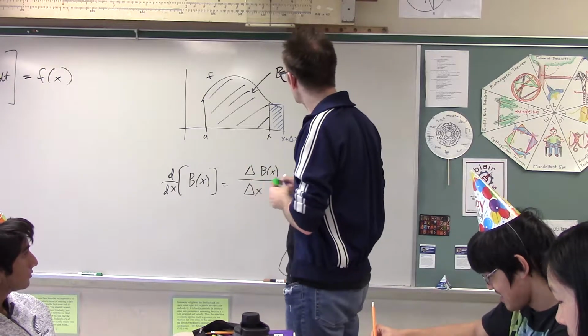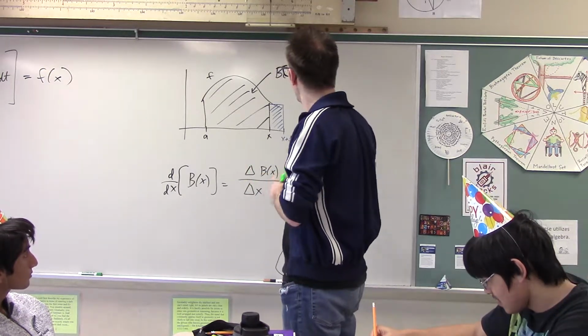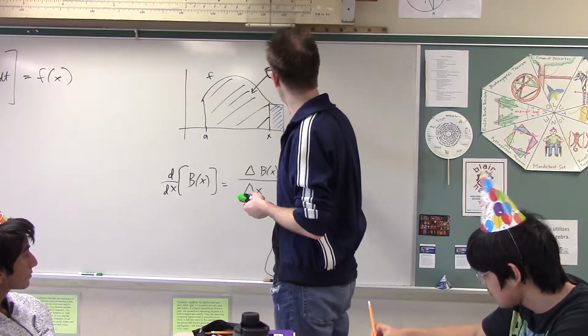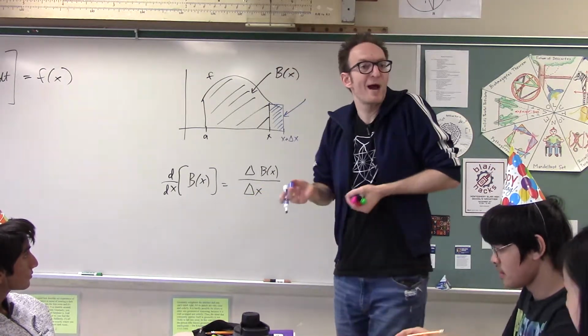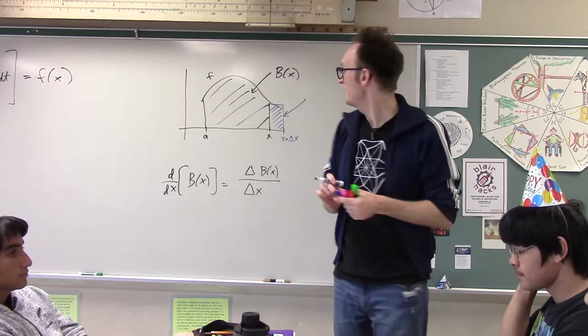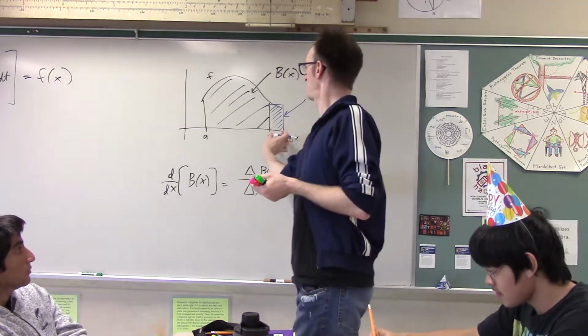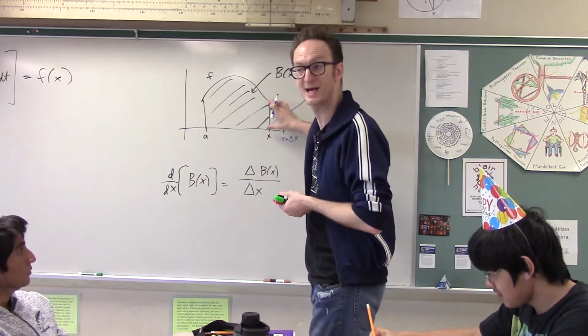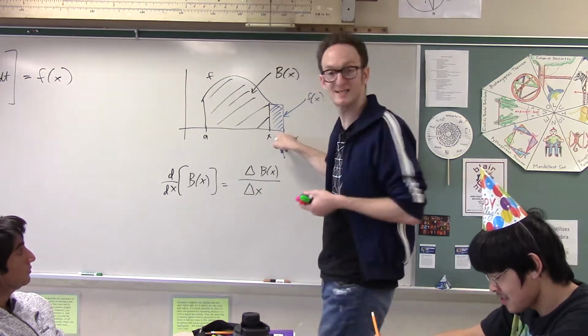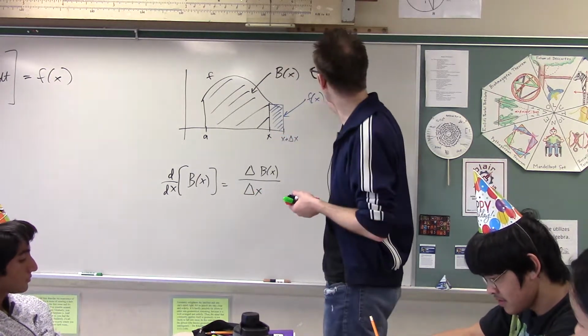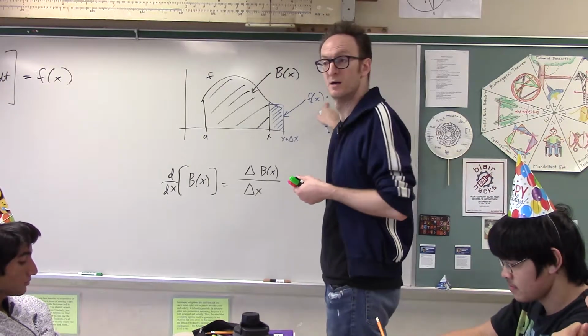And what is the area of this rectangle? It's the width of the rectangle times the height of the rectangle. The height of the rectangle is just however high f is at that moment, and the width of the rectangle is just delta x.